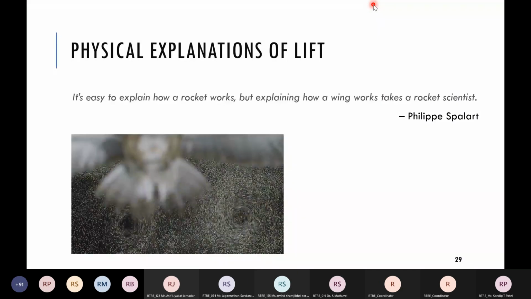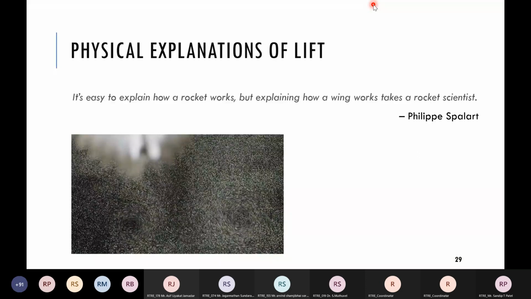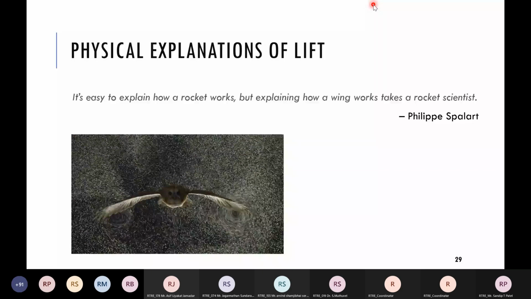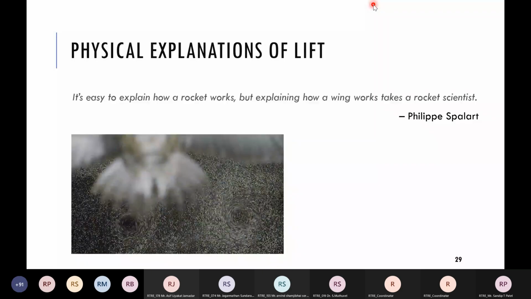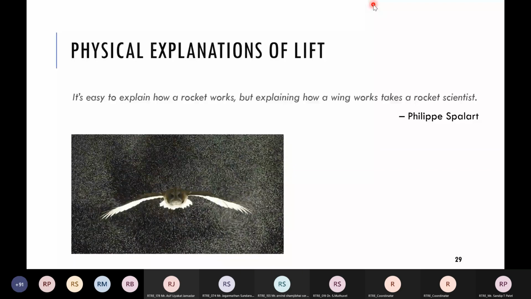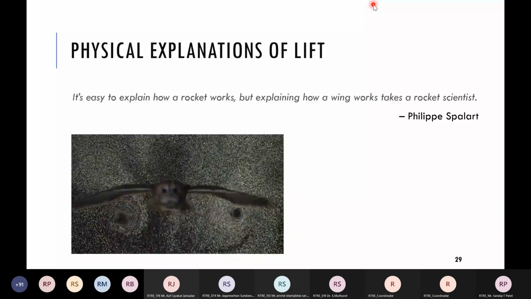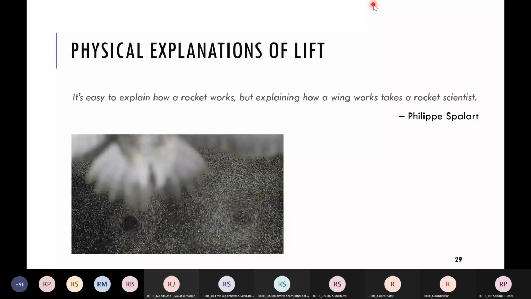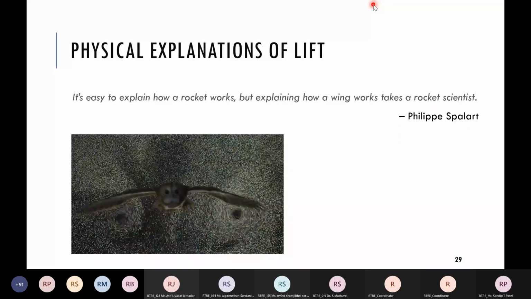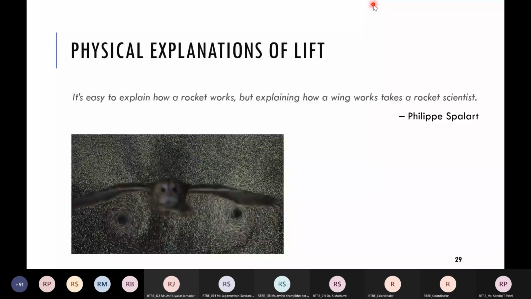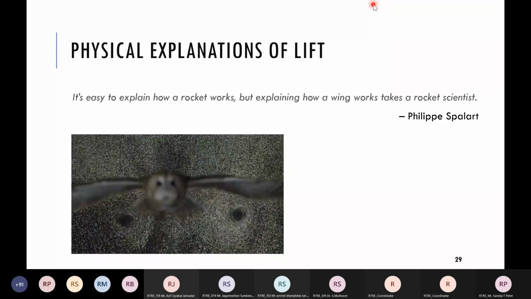He is a physicist, and his work in turbulence modeling of air is very popular. If you have used some CFD software, there are turbulence models, like the Spalart-Allmaras model, which was made by him.